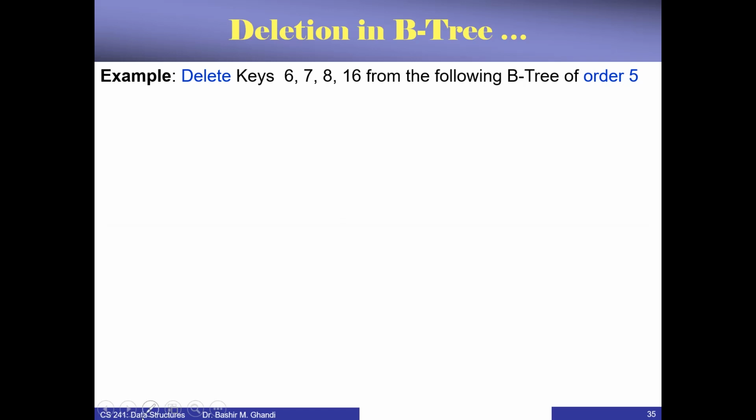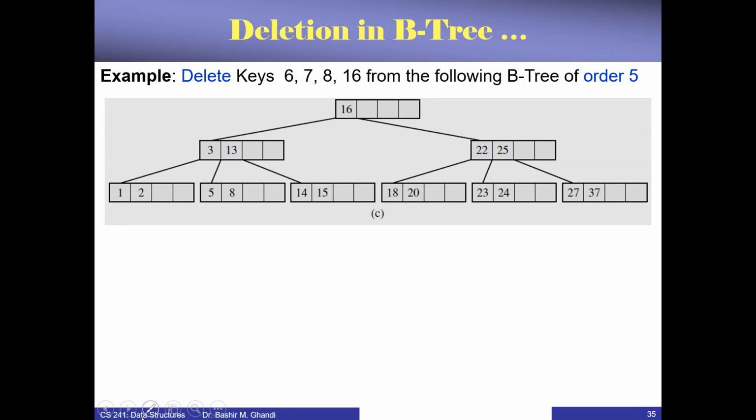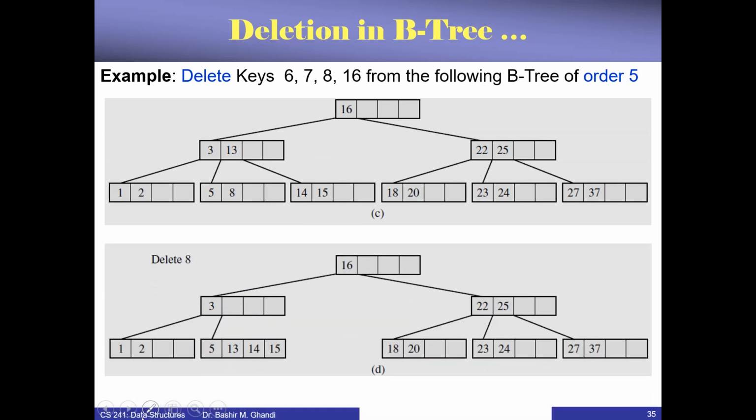Okay, let's see the option we followed. This is the situation, and this is the result. So we opted to merge with the right. So we will have 5, 13, 14, 15. But that has created a problem here. This node has only one key.